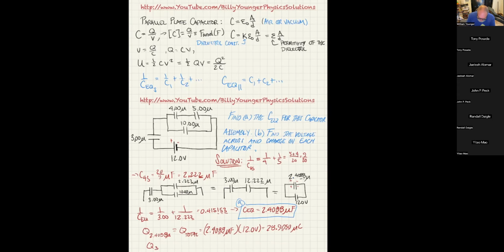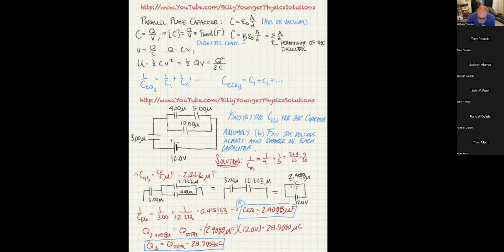So what I just argued for you is that Q total is the same thing as Q3, and that's equal to 28.9050 microcoulombs, like that. So we now have the charge on the 3 microfarad capacitor.